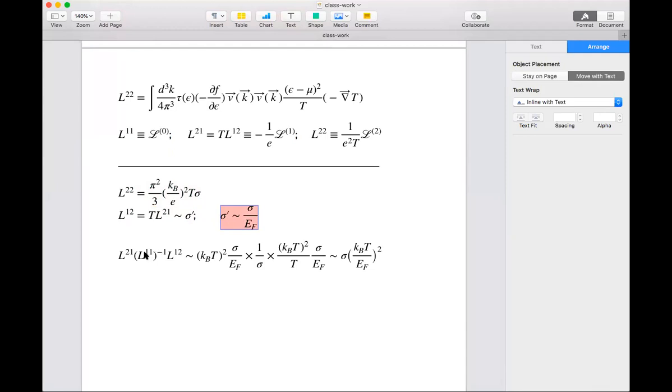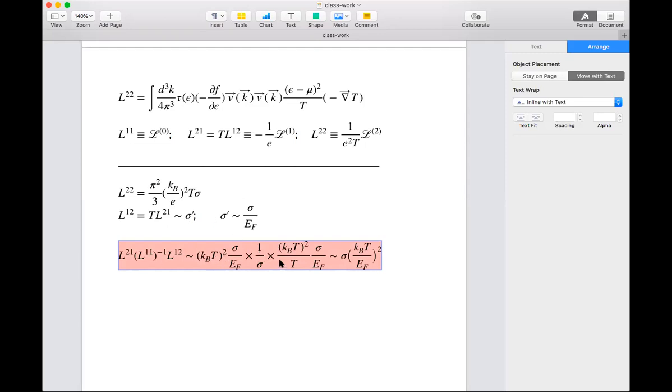So the factor in the expression for JQ, which involved L21, L11 inverse and L12, will now go like sigma primed over epsilon F, times a kBT squared factor.